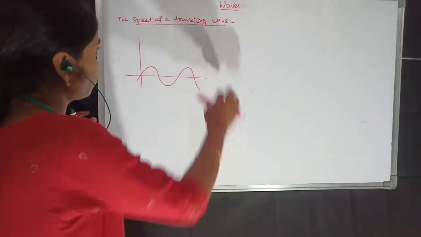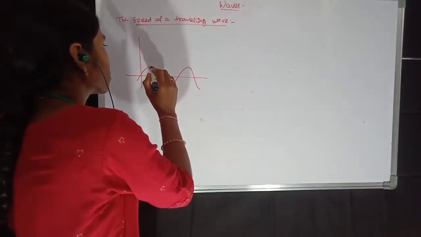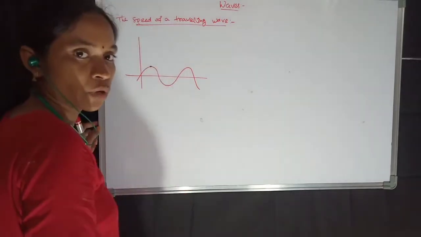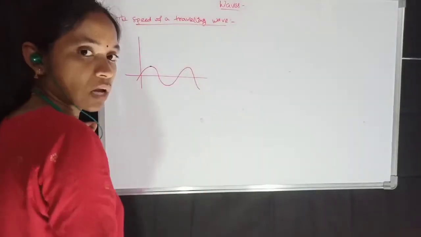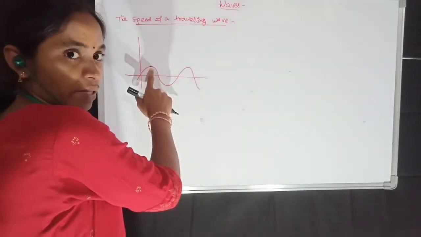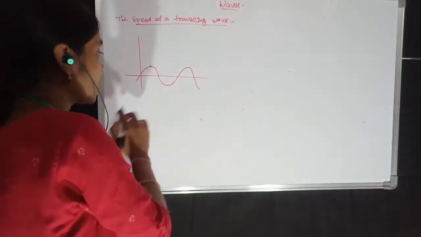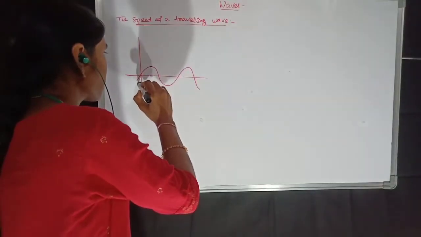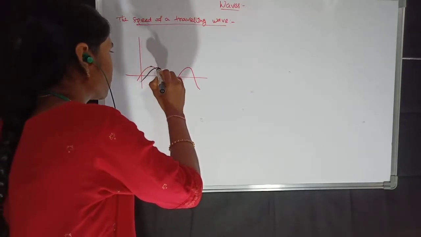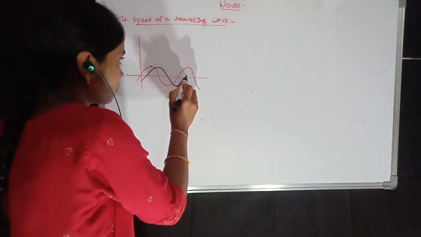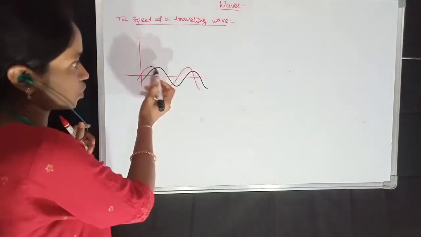To find out the speed of a traveling wave, initially I am considering a fixed point. I am just focusing on this point and observing it on this waveform. Initially the point is here, and as time passes, this point moves from one position to another.